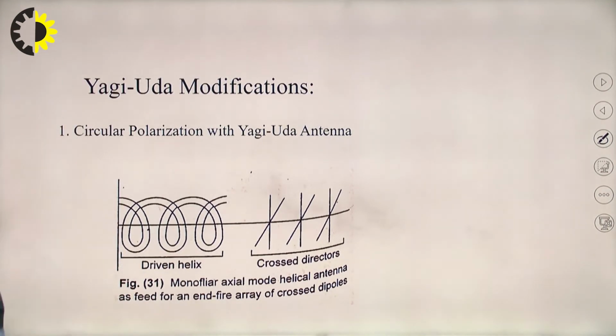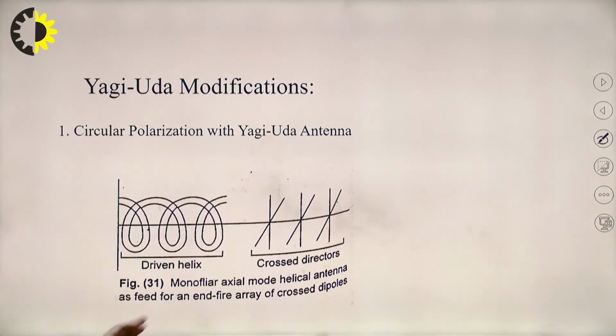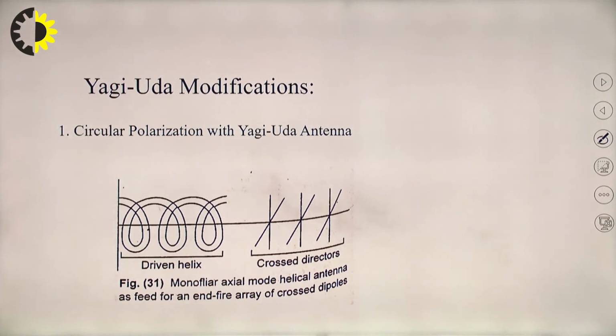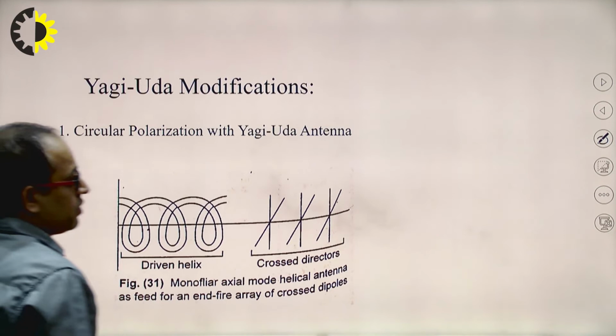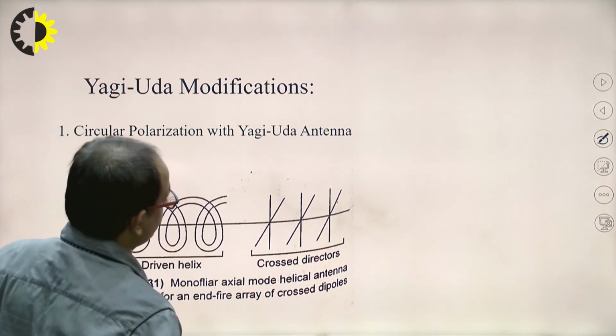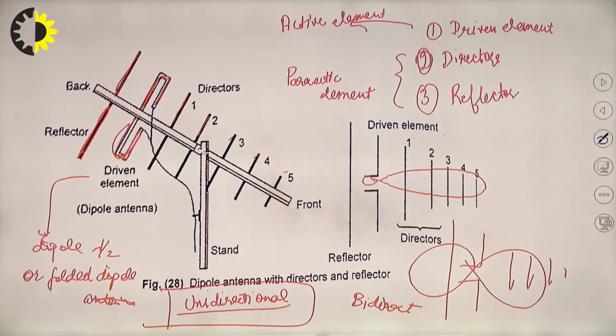What modifications are done to a Yagi-Uda antenna such that its characteristics will be better than the normal Yagi-Uda antenna? Means if I say this Yagi-Uda antenna has some gain and bandwidth, clear?